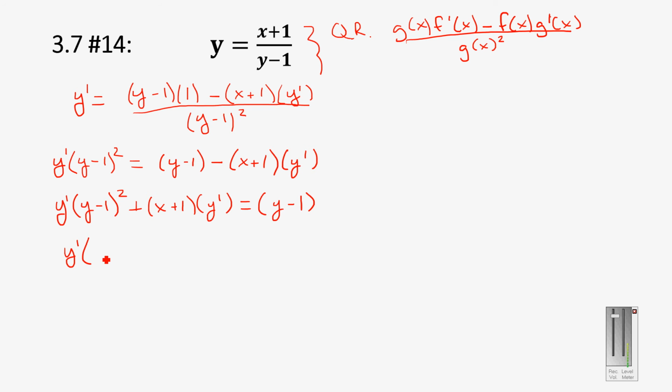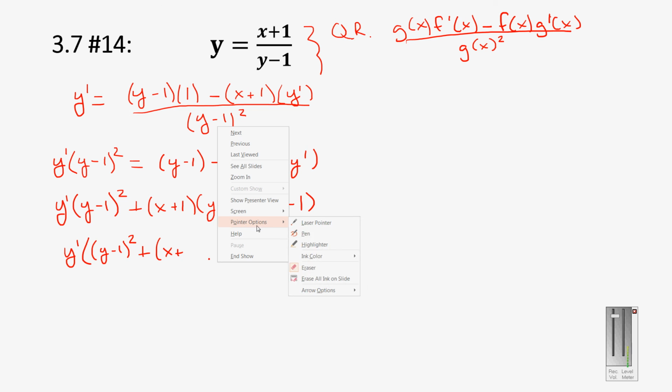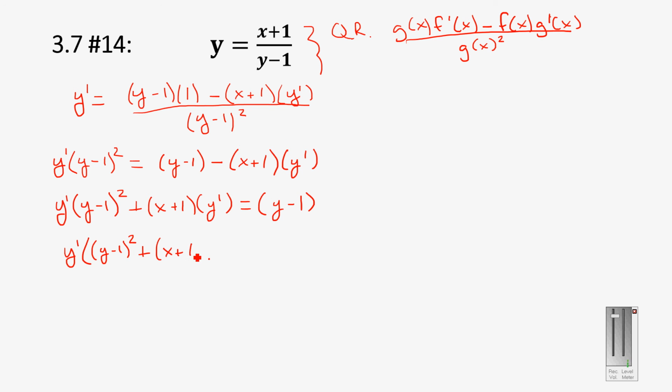Y prime times y minus 1 squared plus x plus 1. Oops, that one got a little goofy there, so apologize for that. Pen back up here, pointer pen, x plus 1, close out that bracket there, equals y minus 1.